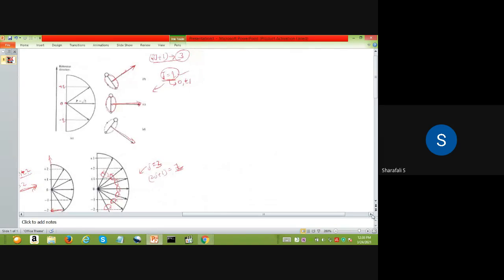Now we will discuss what will be the action of these rotational effects when you consider a linear polyatomic molecule.